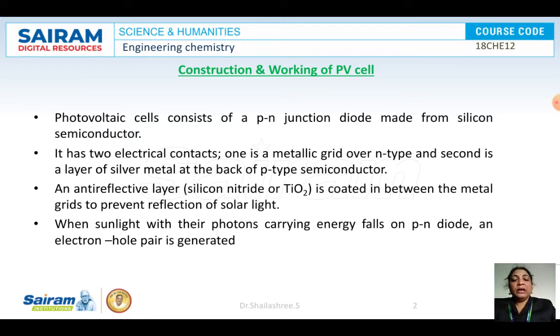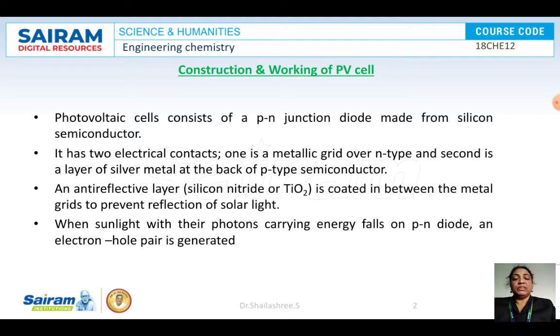Either the P-type semiconductor is melted and inserted into the N-type semiconductor, or vice versa. In this way the PN junction is made. This PN junction is one of the important parts of photovoltaic cells, which converts solar energy into the required electrical energy.